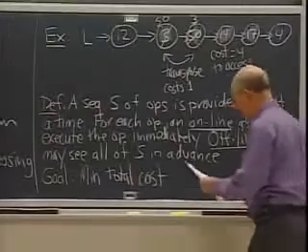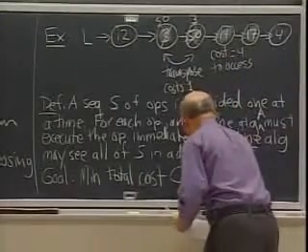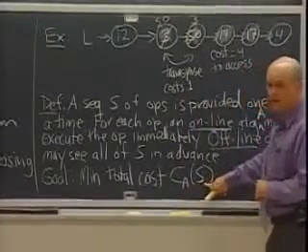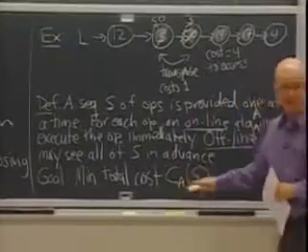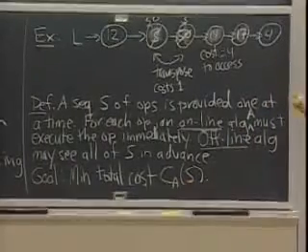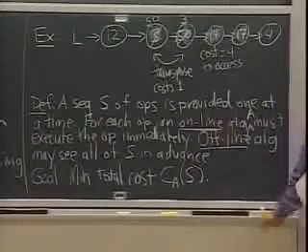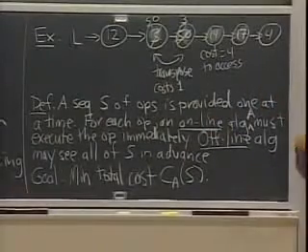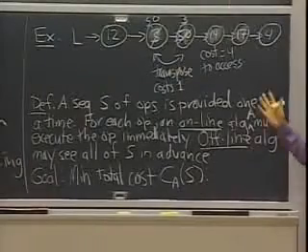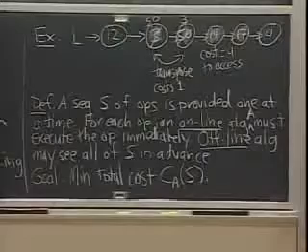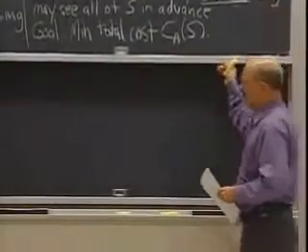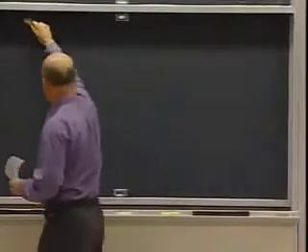The total cost C sub A of S, the cost of algorithm A on the sequence S. That's just the notation we'll use for what the total cost is. So any questions about the setup for this problem? So we have an online problem. We're going to get these things one at a time, and we have to decide what to do. So let's do a worst case analysis for this.